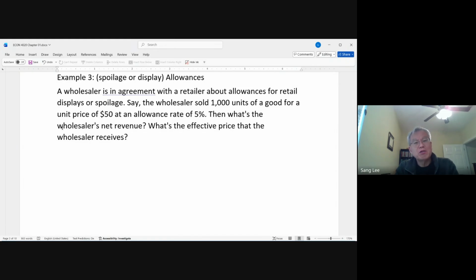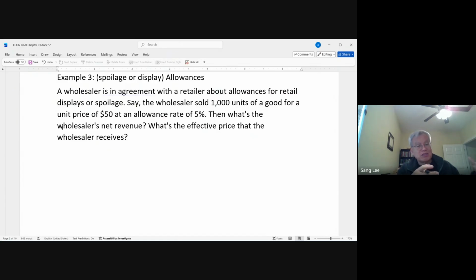Sometimes the retailers will have to take the products out of the box and display them, so they are no longer brand new products, and the retailer will have to pick up such losses. So the manufacturers want to give the retailers enough incentive so the retailers will display their products to boost the sales. So they give what we call display allowances.